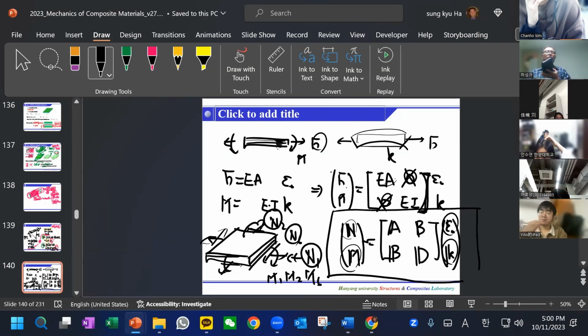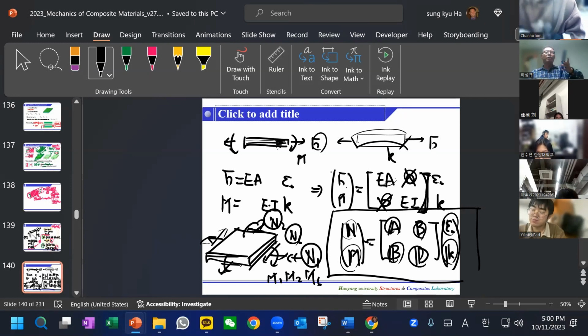Try to understand that A, B, D, where did they come from? All the information regarding the material property, the stiffness of each ply, Young's modulus, and the locations. Location means the layup sequence. So material property and sequence give us the ABD.